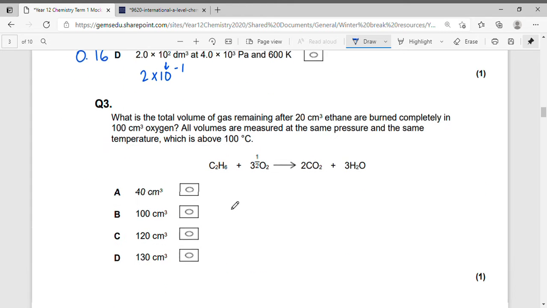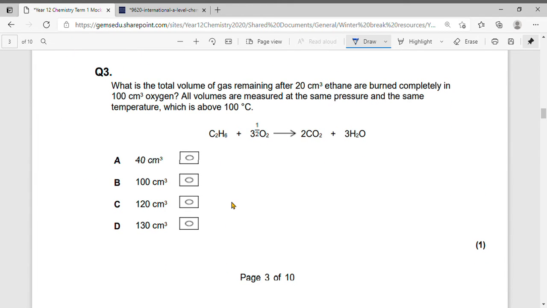Okay. What is the total volume of gas remaining after 20 centimeters cubed of ethane is burned completely in this amount of oxygen?